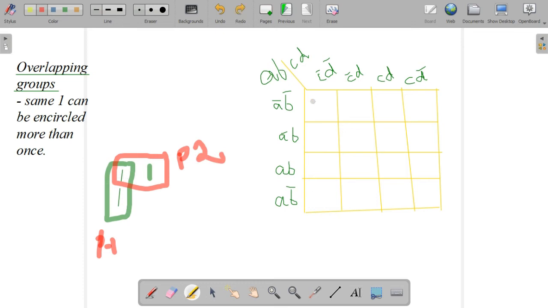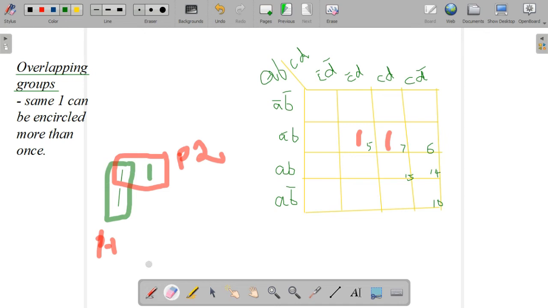Okay, let's consider this 1, 1. 1, 1 means we can make it as a pair. I am writing the decimal designation number also. Here it is 5, then this is 7, and 6, 14, 15 and 10.